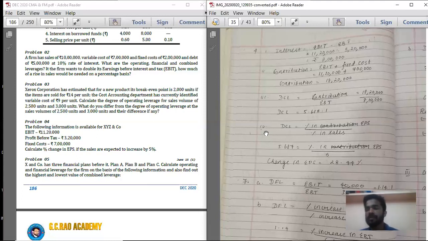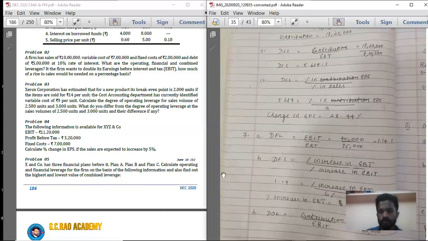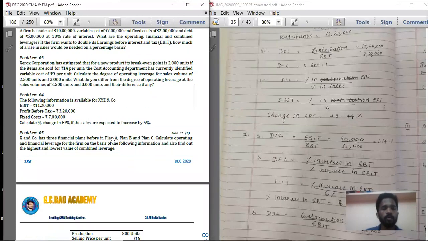If you take the 5 to the left hand side, it will become numerator. So 5.687 into 5 is equal to 28.435. So the percentage of change in EPS is equal to 28.44%. So with that we have completed problem number 4.